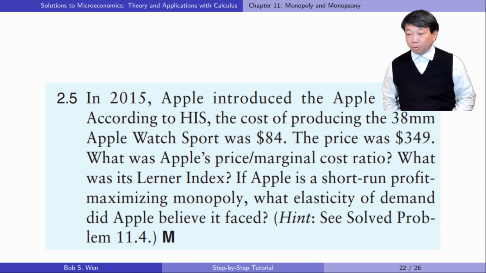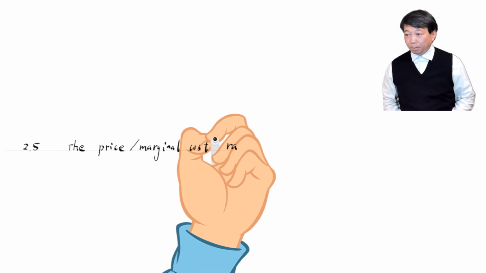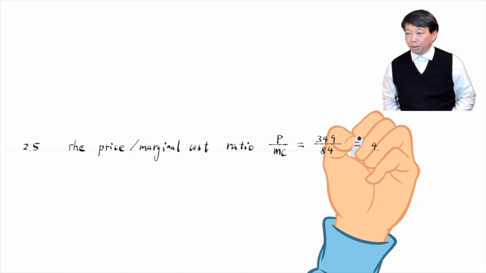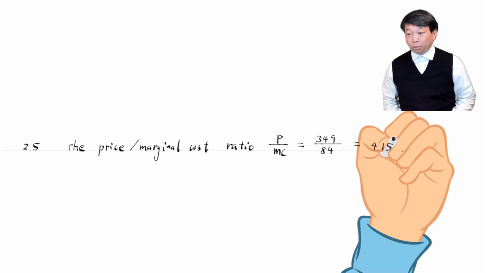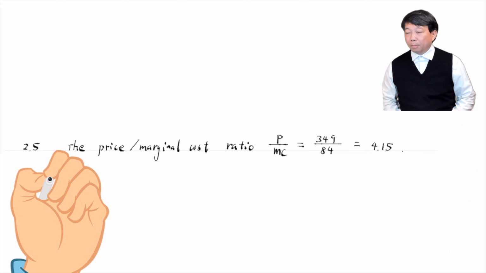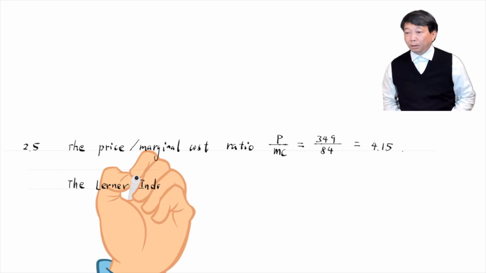If Apple is a short-run profit-maximizing monopoly, what elasticity of demand did Apple believe it faced? We plug in the price and the marginal cost and find the price-marginal cost ratio. We then calculate the Lerner index.